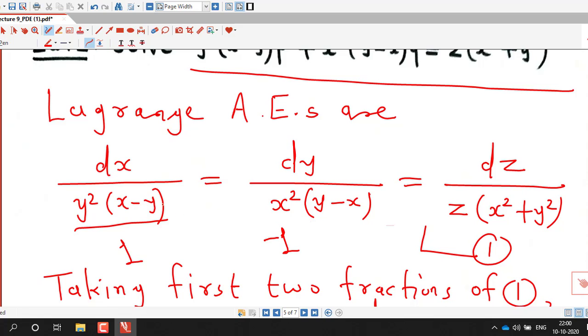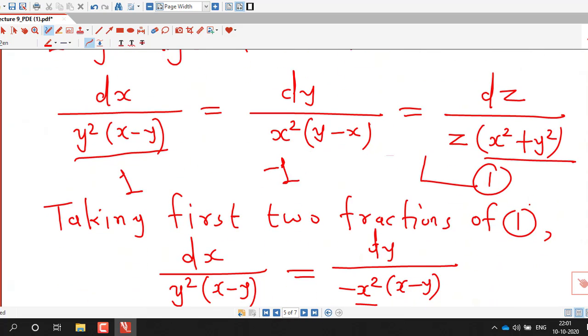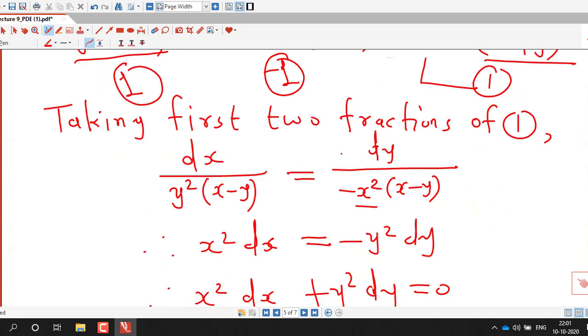If we take x minus y common, we will have x square plus y square. So we will be able to combine that new fraction with this last fraction, because we will be able to cancel out x square plus y square. So we are generating a new fraction by taking multipliers 1 and minus 1, and because we don't require this, we take the third multiplier as 0.